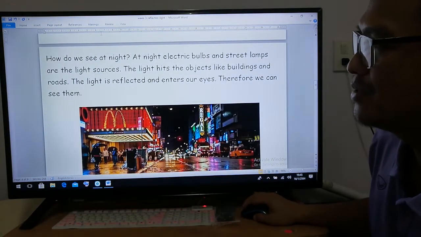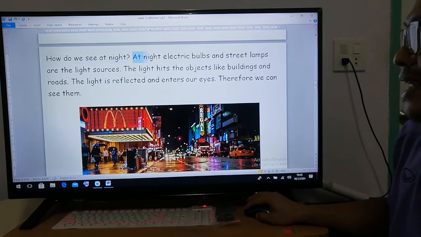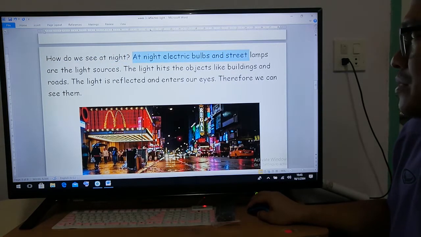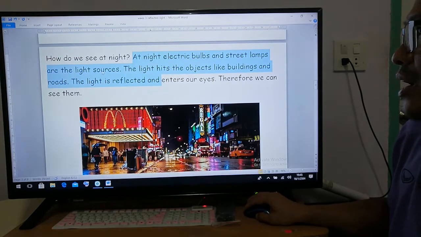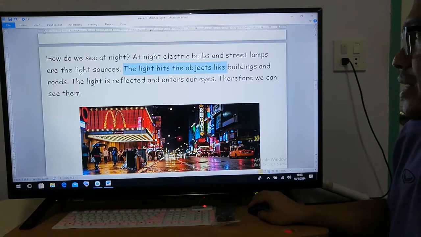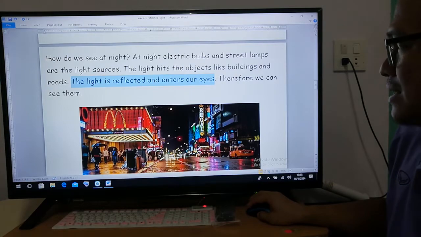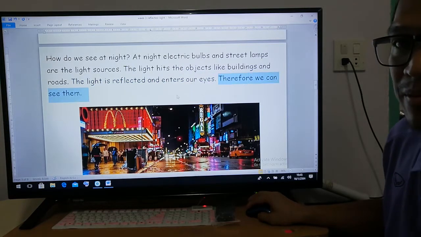How do we see at night? At night, electric bulbs and street lamps are the light sources. The light hits objects like buildings and roads. The light is reflected and enters our eyes. Therefore, we can see them.